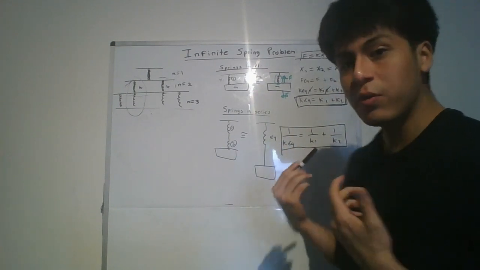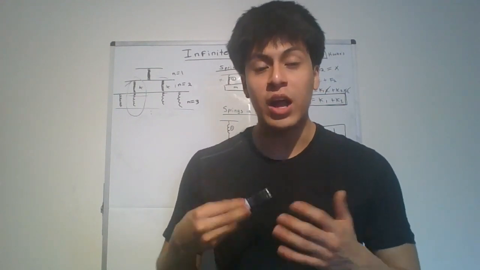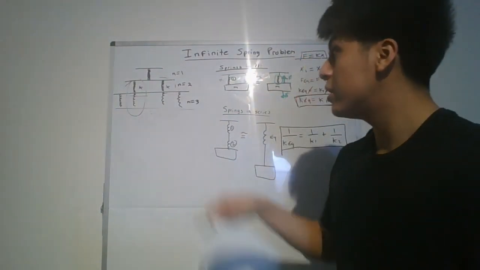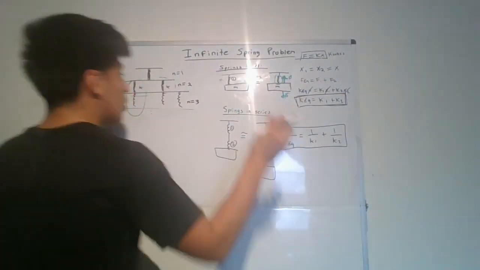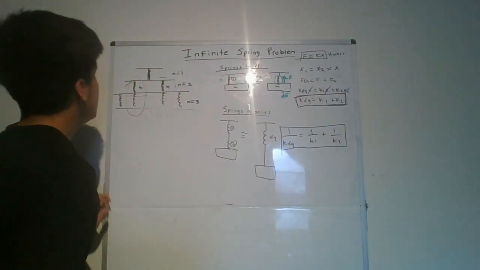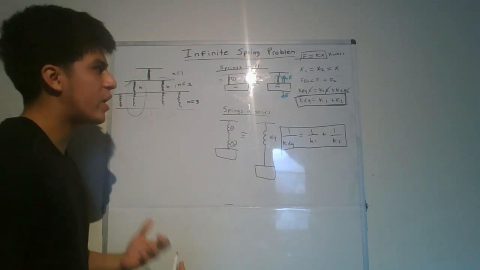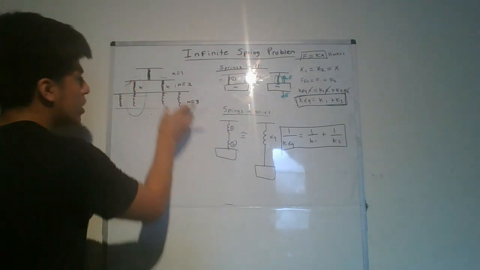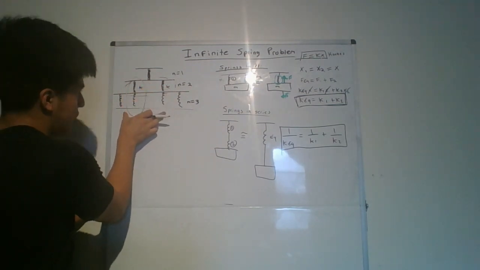So now that we know the formulas for equivalent spring constants, we can go ahead and solve our problem and simplify it. This whole cake of springs over here is going to be equivalent to a very simplified version. In each layer, we have springs that are in parallel to each other.